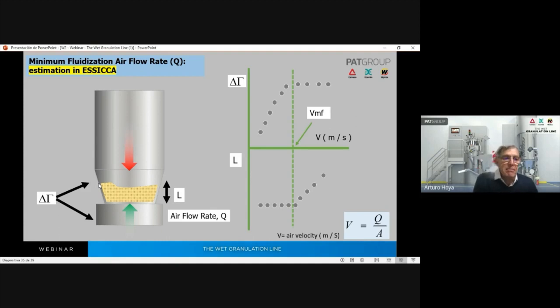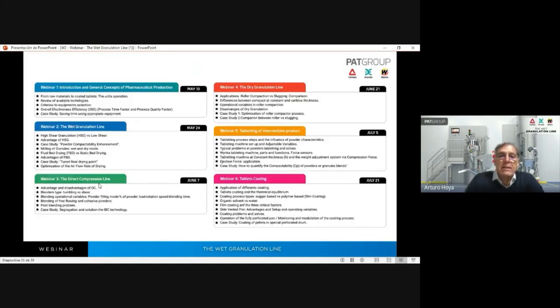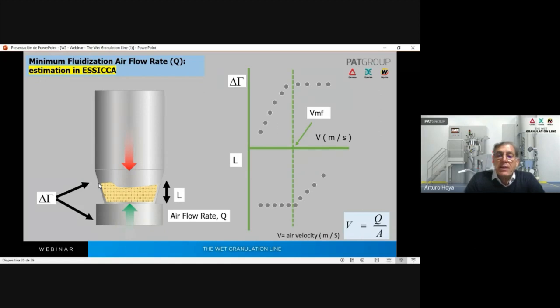This is a very important tool that ESICA has and you can use to optimize this airflow rate. Well, here I stop and wait for Mauro.